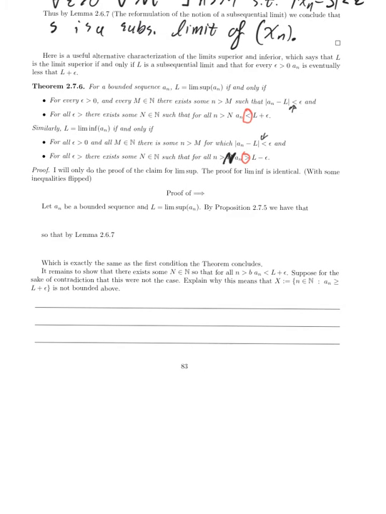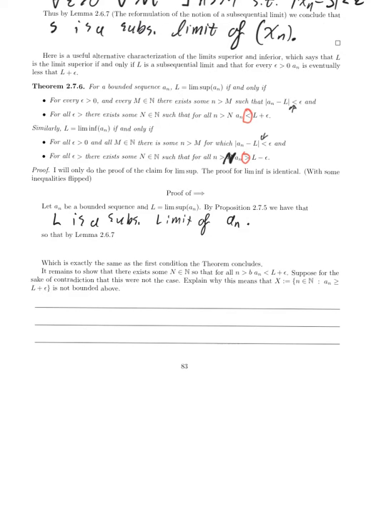Okay, proof of forward direction. Let a sub n be a bounded sequence. Let L be the limit superior of a sub n. By the thing we just proved, L is a subsequential limit of a sub n, because the limit superior is a subsequential limit.